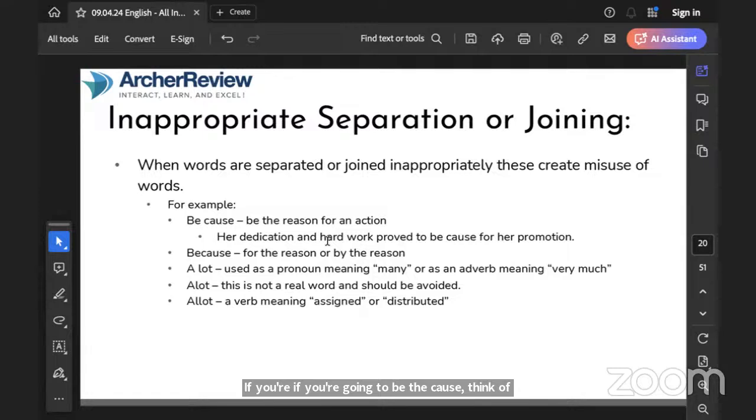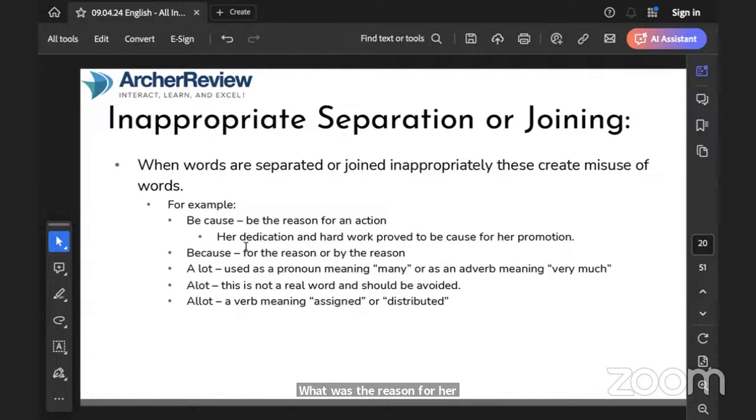Be the cause. So you are the reason for that action. So for example, I would put it in a sentence like her dedication and hard work proved to be cause for her promotion. It's typically going to be when you have that to be infinitive attached in front of it, but to be cause for her promotion. What was the reason for her promotion? Her dedication and hard work.